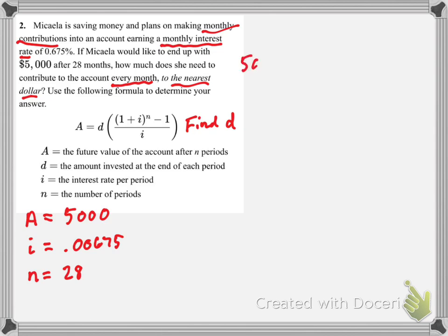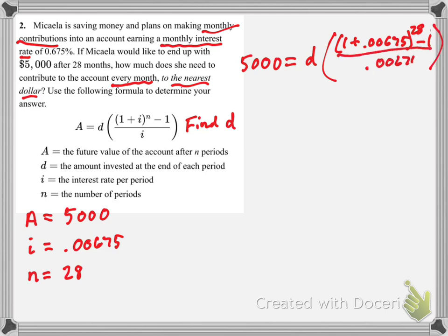So I've got 5,000 equals D times 1 plus 0.00675 to the 28th power minus 1, big parentheses, over 0.00675.